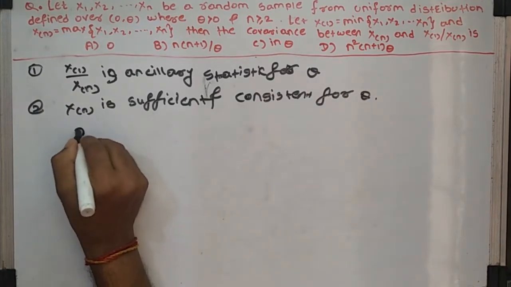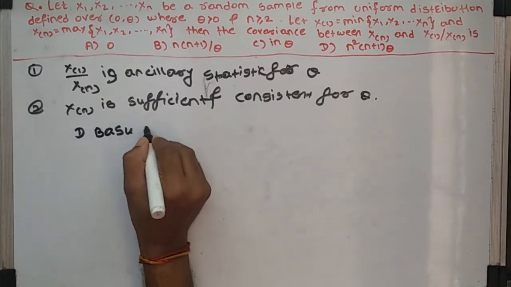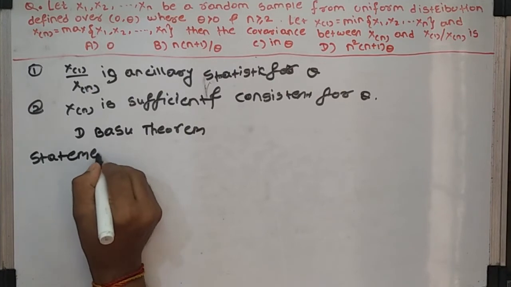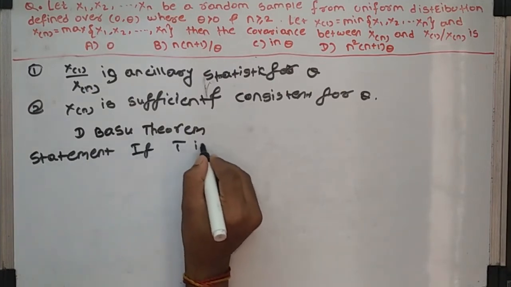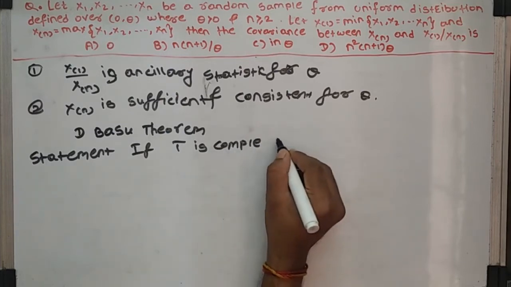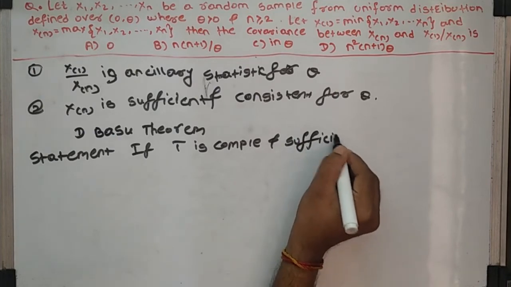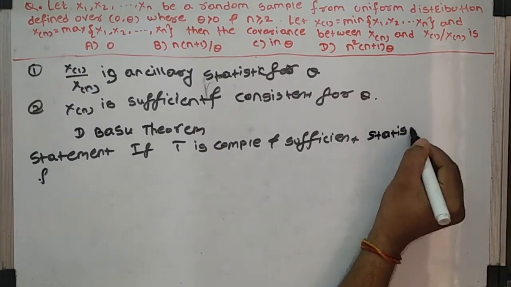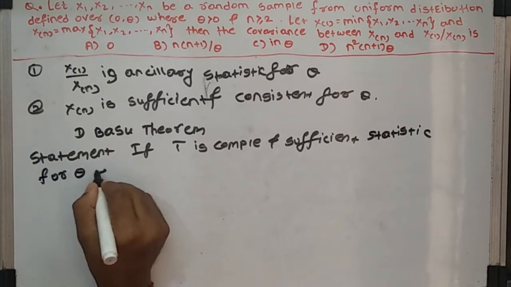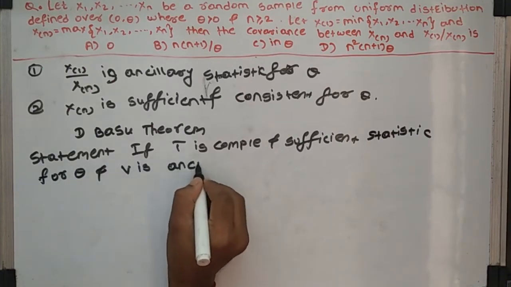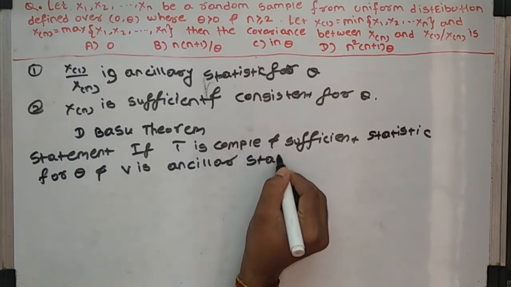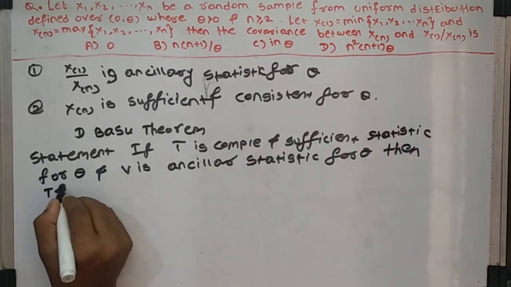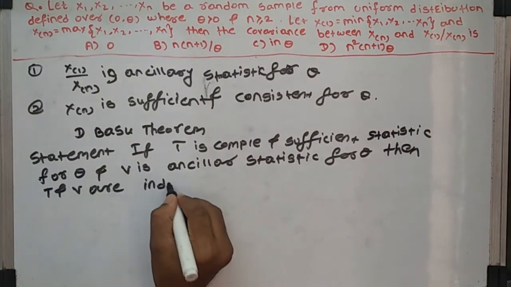So here we use Basu's theorem. The statement of Basu's theorem: if T is a complete and sufficient statistic for θ and φ is an ancillary statistic for θ, then T and φ are independently distributed.